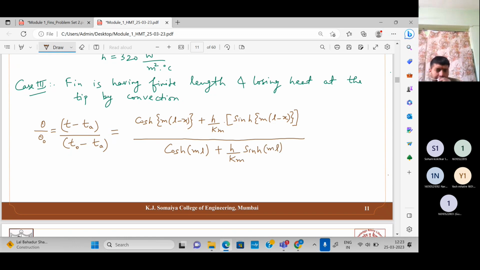So this is the mathematical expression for the temperature distribution for this case.